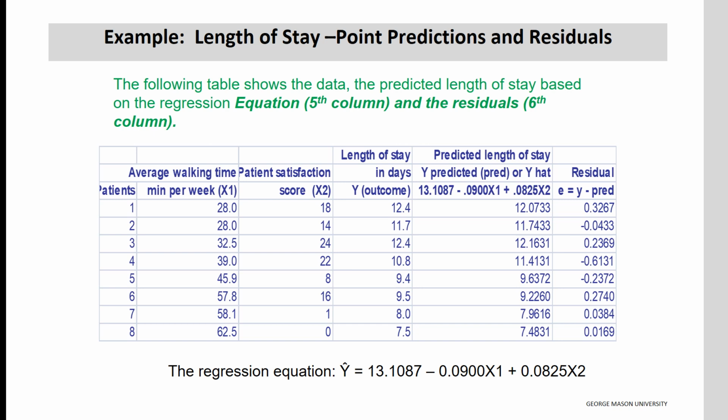So as you can see here, we may use the predicted equation of 13.1087 minus 0.090 associated with the slope of the first independent variable, plus 0.0825 associated with the slope of the second independent variable, and we can use this regression equation to compute the predicted values of y. So that way we can then compute the residuals, which is again the difference between the predicted and the observed values of the dependent variable.